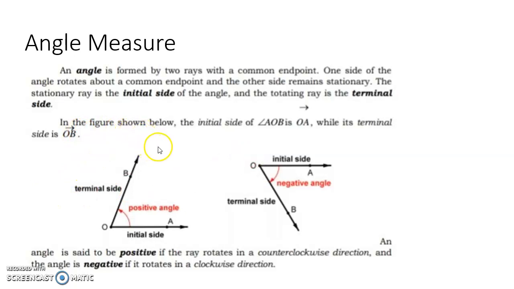In the figure shown below, the initial side of angle AOB is OA while its terminal side is OB. An angle is said to be positive if the ray rotates in counterclockwise direction and the angle is negative if it rotates in a clockwise direction.